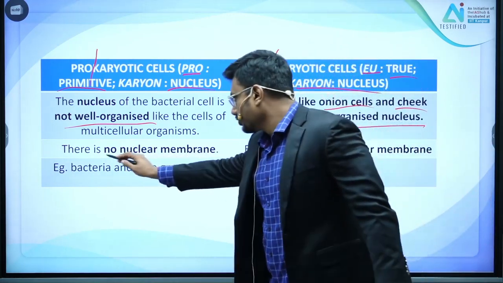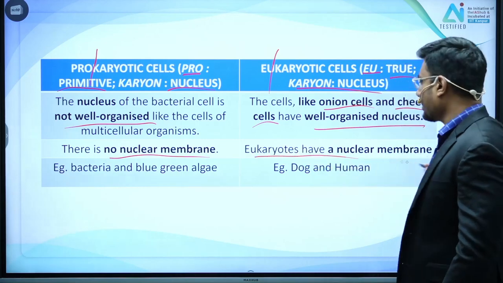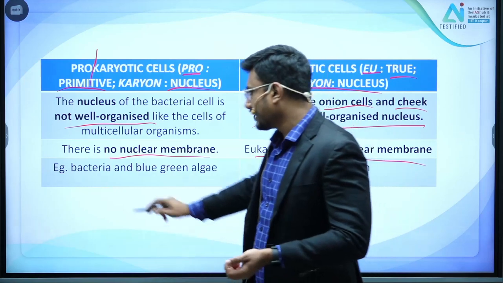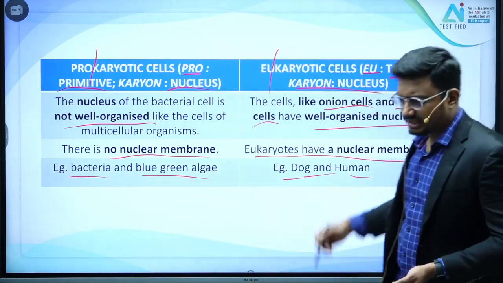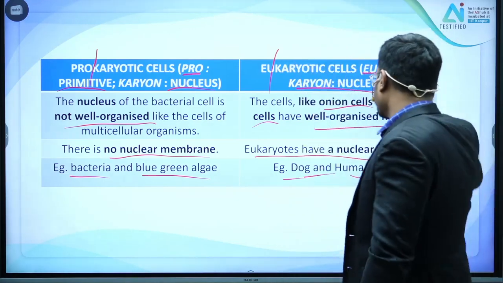There is also no nuclear membrane in the prokaryotic cell, whereas eukaryotes have a nuclear membrane. Examples of prokaryotic cells are bacteria and blue-green algae, and dogs and human beings are examples that have eukaryotic cells. Now let's move on to the next slide.